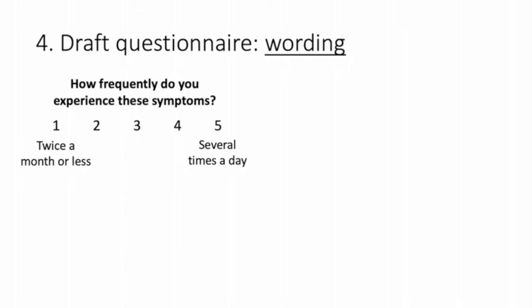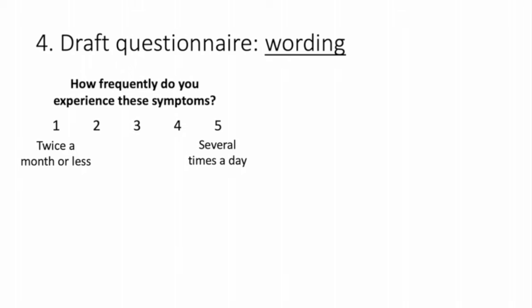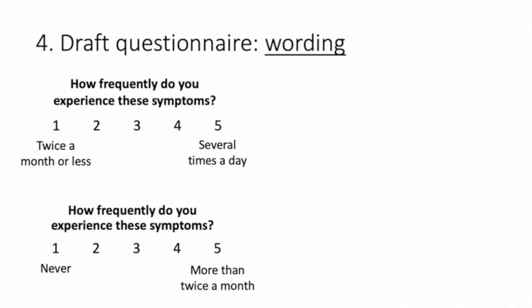So in this case, okay. So again, you might not notice, you might not question the way this question is formulated, but if we change the answer scale, so now it's still 1 to 5, but 1 equals never, 5 equals more than twice a month.